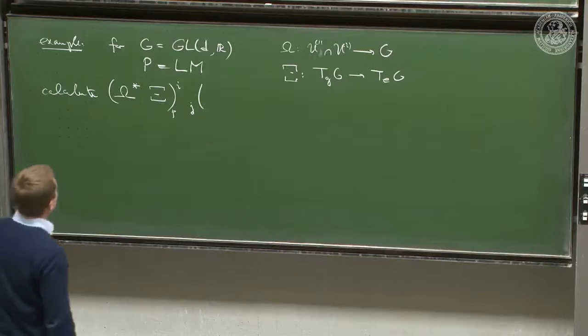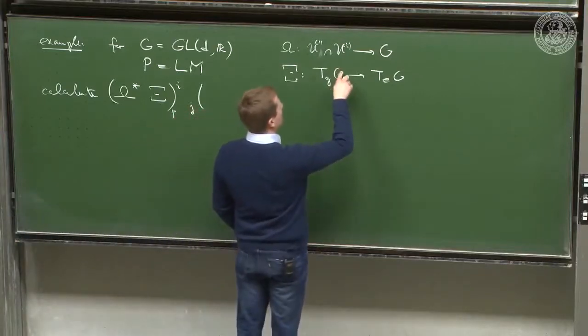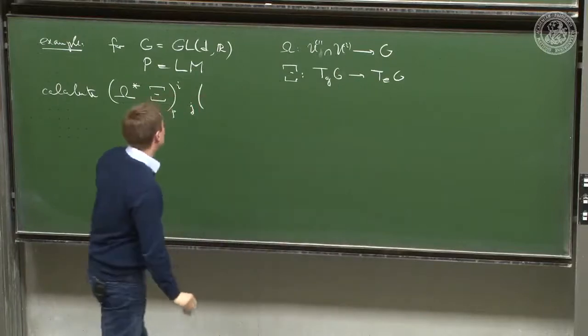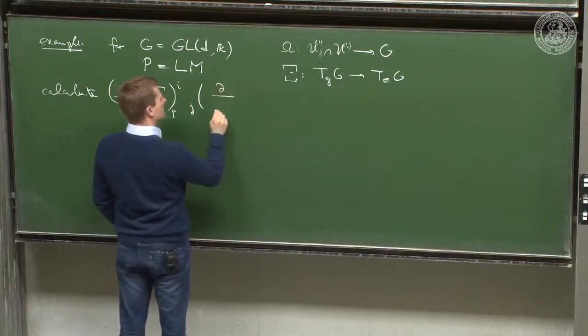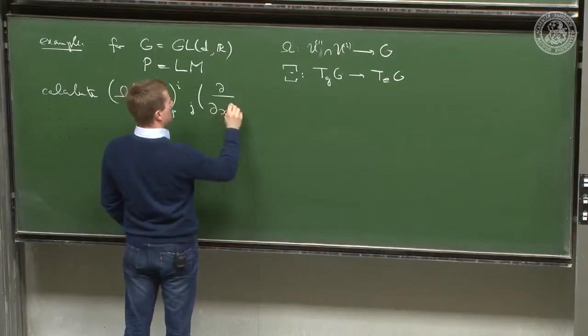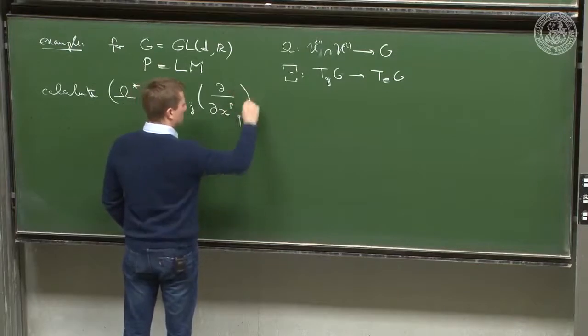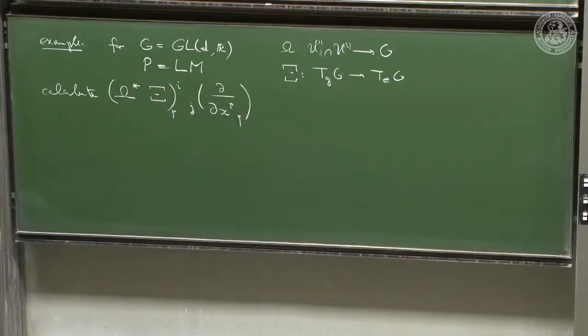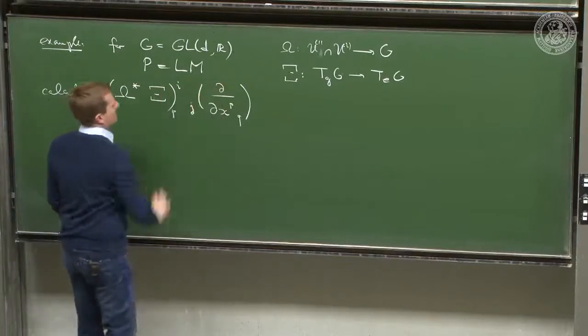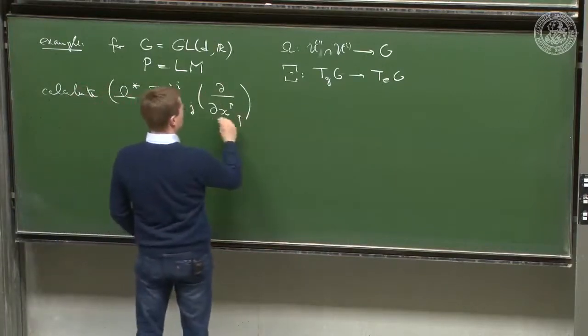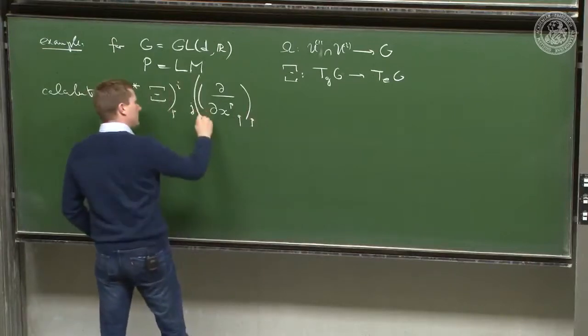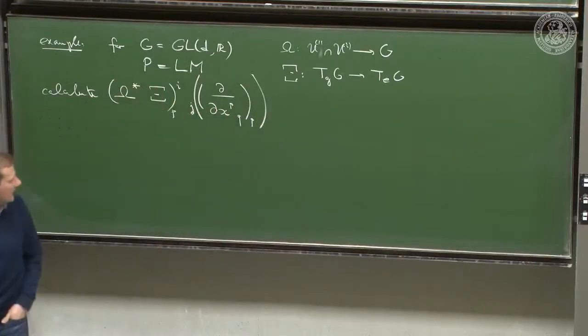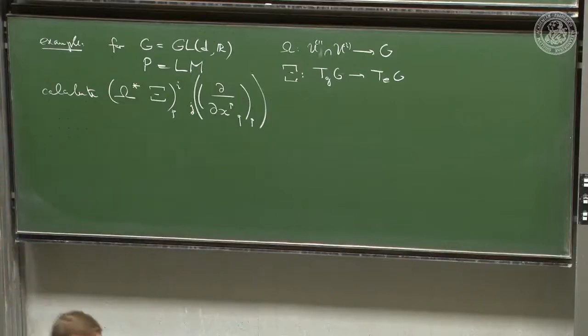The Maurer-Cartan form is a one form on the group, which means we can act on a vector d by dx at the point. No, nonsense.